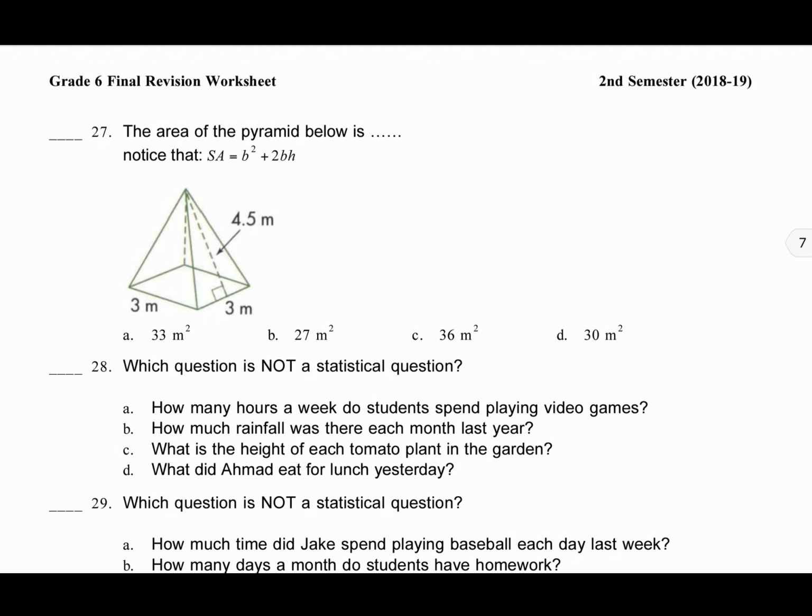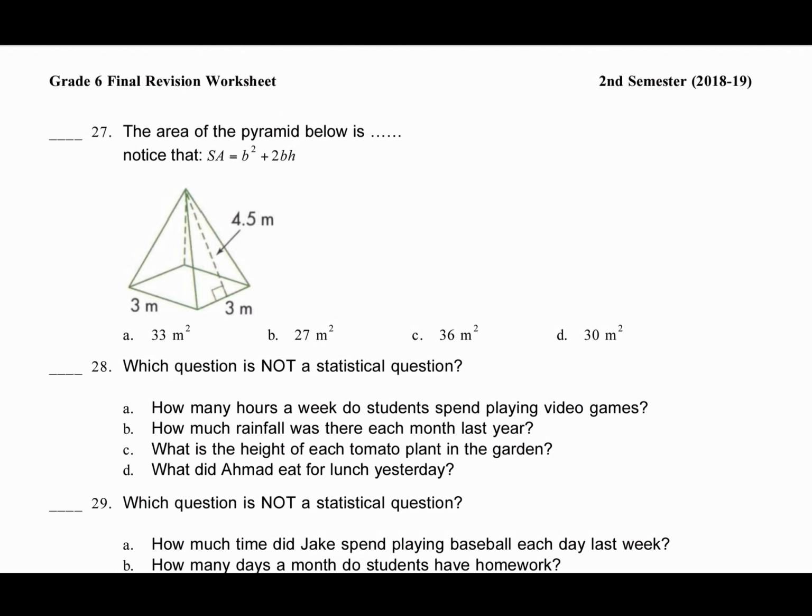Next question, the area of the pyramid below is what? As we know, the surface area of the pyramid is the square of B, which is the base of the pyramid, plus 2BH, which is 2 times the base of the pyramid times the height of one face. Let us apply this rule.